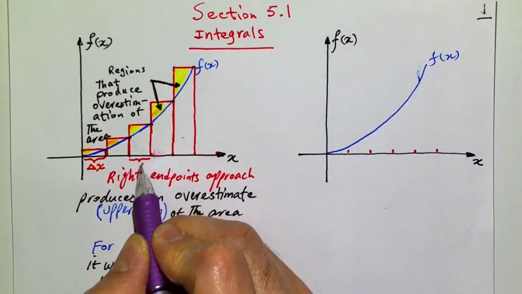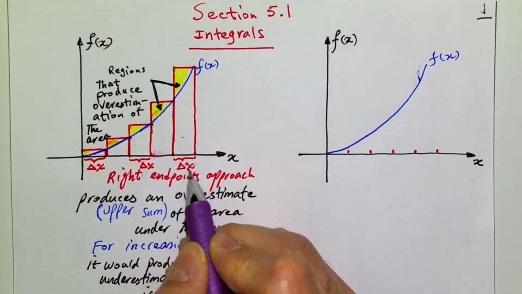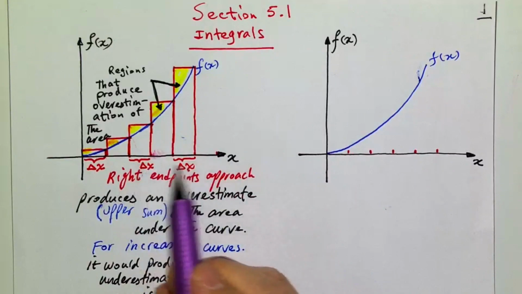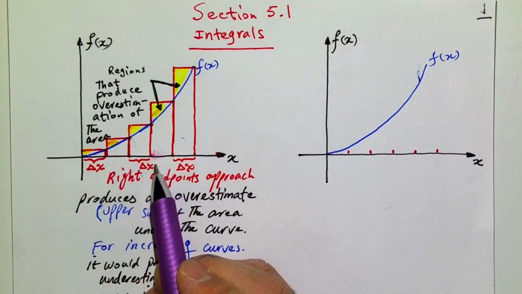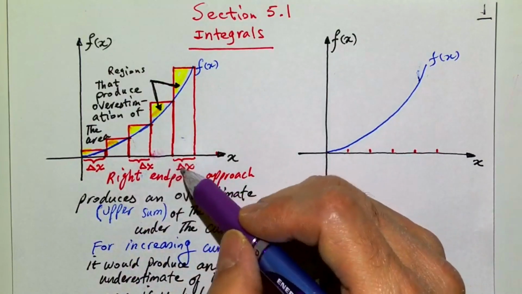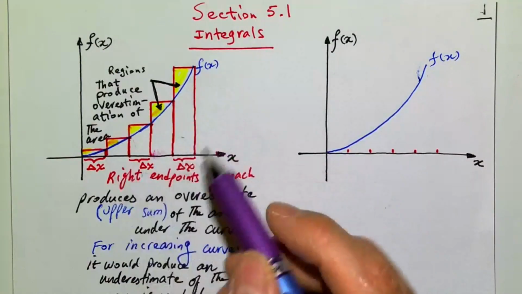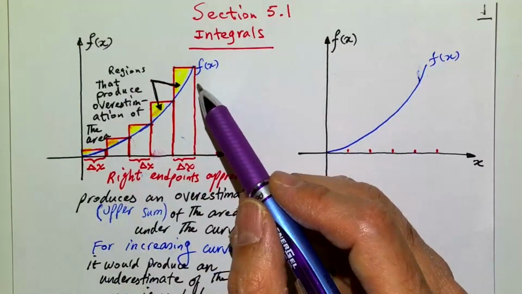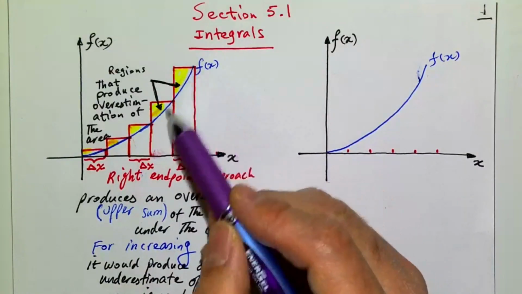So all of these are delta x, and they're all equal. And I don't want to make this drawing too crowded. That's why I put this delta x on every other rectangle. I could have put it here as well. Okay, but that's equally distant from each other, or equally wide. And then this height, of course, is different, right? So each one would have its own height.